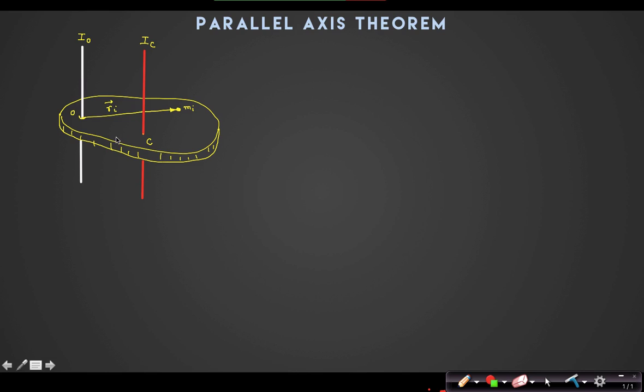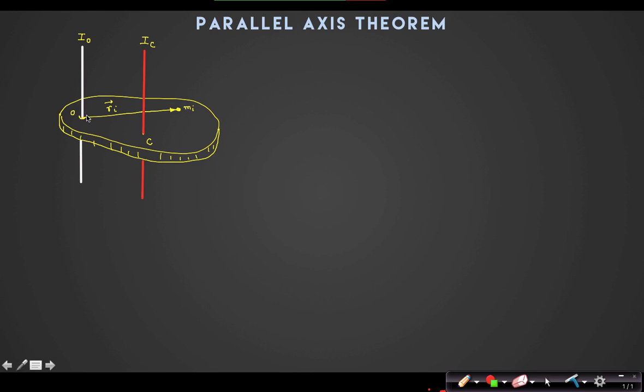Sir, would you please tell what is that axis along C? What is the axis? Sir, that red color line. This red color line is the axis that passes through the center of mass and is parallel to the original axis of rotation. Actually there is no axis like this red color axis.